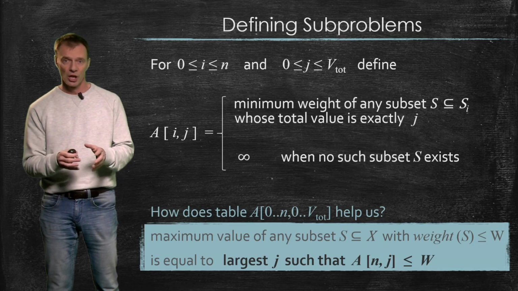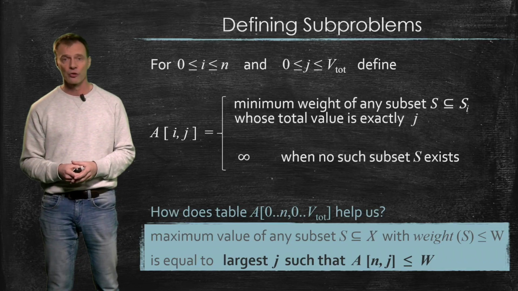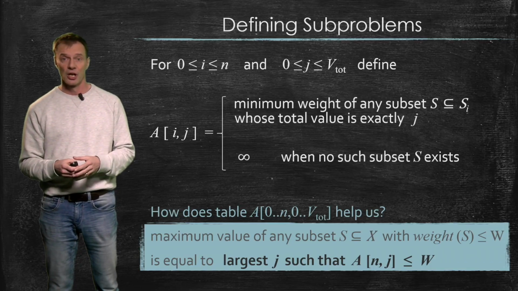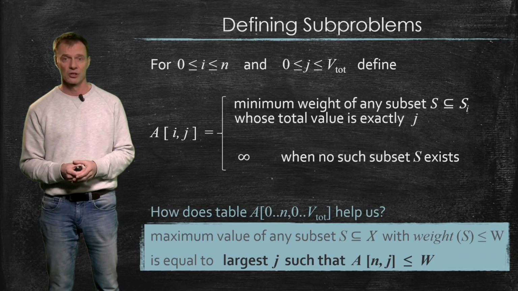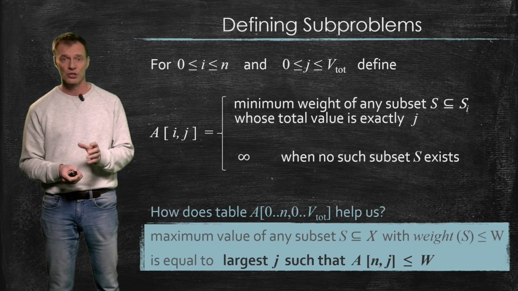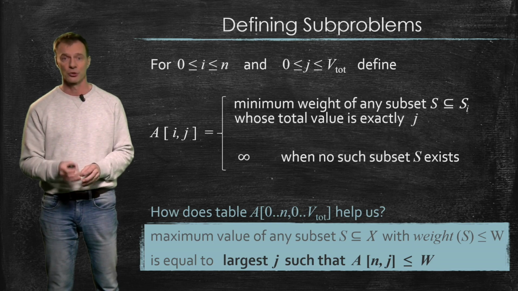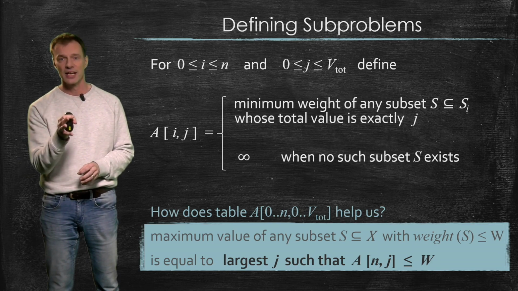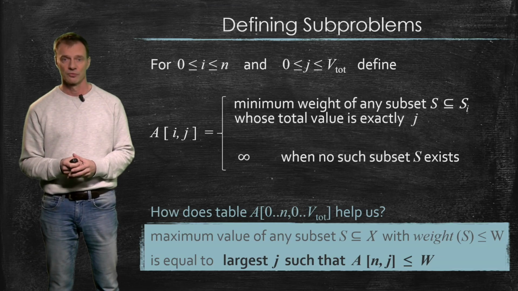Well, first of all, in our initial problem, we are, of course, allowed to select items from the whole set, right? From items x1 all the way up to xn. So that's why we're interested in S_n. So that explains the n in A(n,j). Okay?